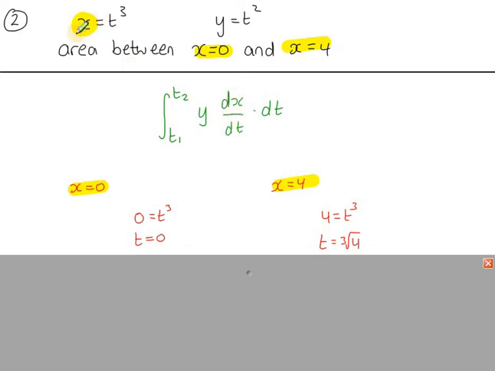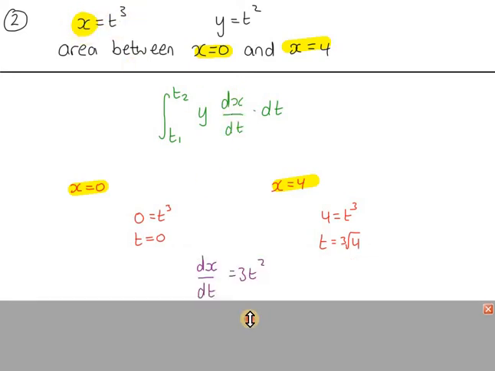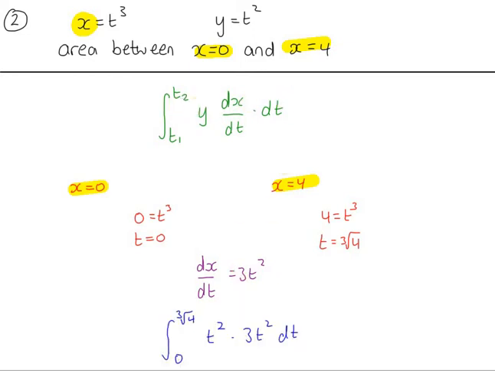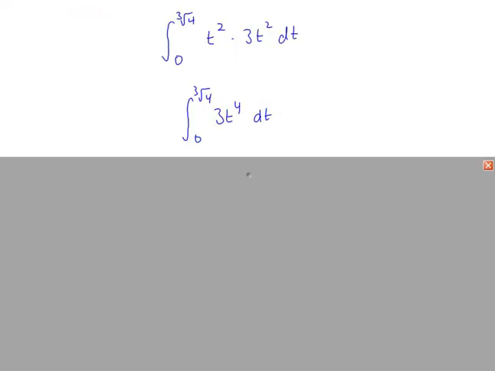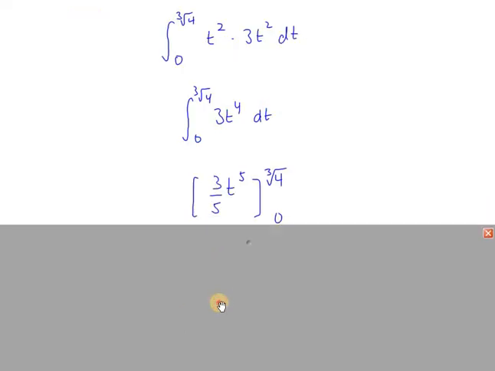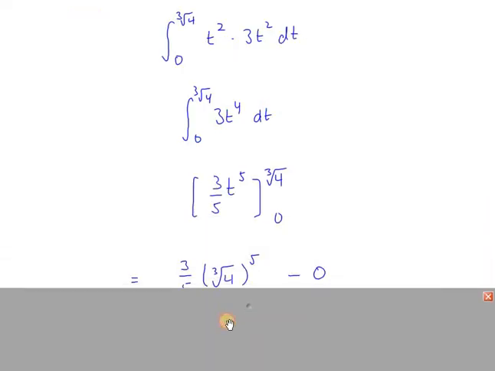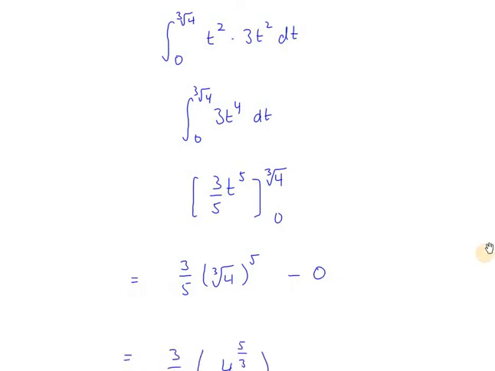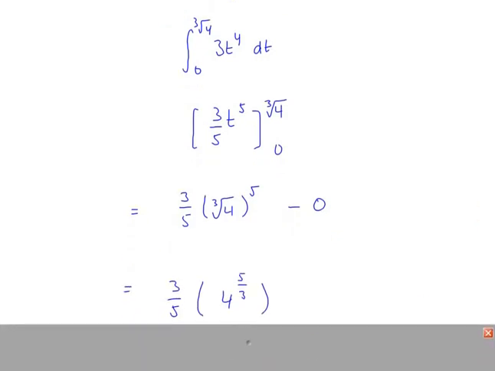For dx by dt, we differentiate to get 3t squared. Now we substitute everything in, and we have this. y was t squared, that's here. dx by dt is 3t squared, that's here. That dt is there. Everything is in terms of t. Simplify, integrate, substitute the limits in, and then our final answer.